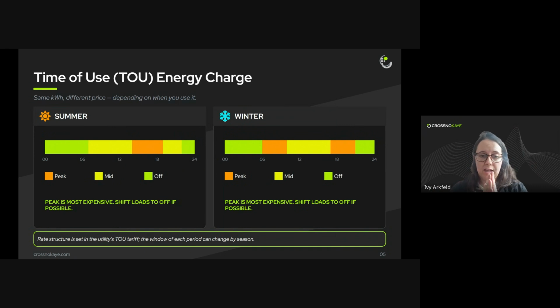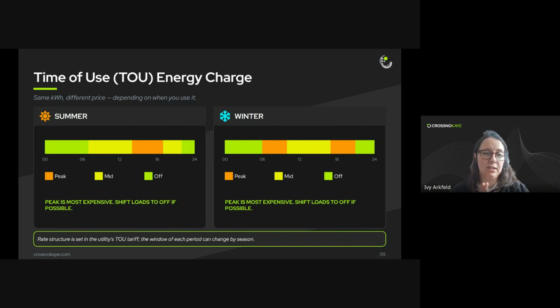So instead of saying, okay, for this whole month, you used X amount of kilowatt hours, and I'm going to charge you one single dollar value based off of one rate, instead they're going to say, okay, I'm going to look at how much you accumulated during these different time periods, and I'm going to charge you differently based off of those different time periods.